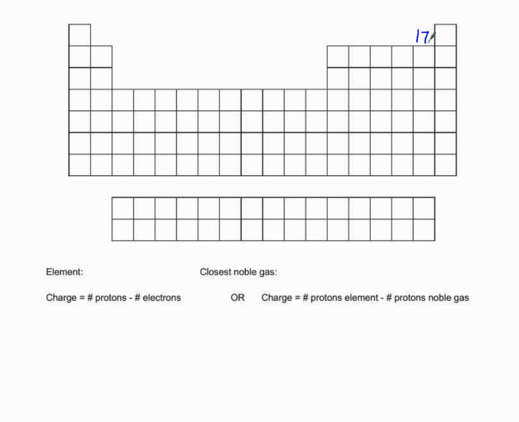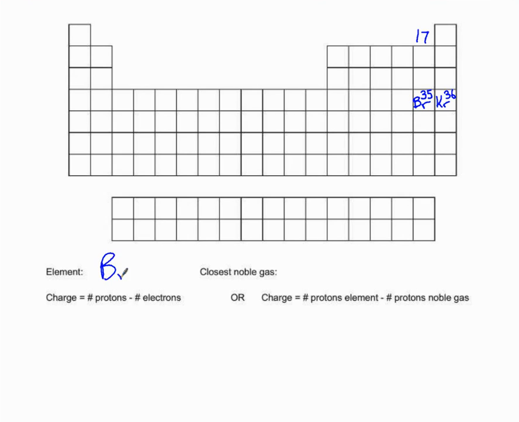Next, we're looking at group 17. These elements are known as the halogens. Those terms can be interchangeable. Halogens are group 17. And the element I picked is here, bromine. Bromine has an atomic number of 35. So the closest noble gas is immediately next to it, and that would be krypton with 36.